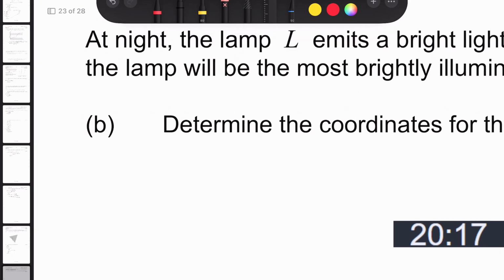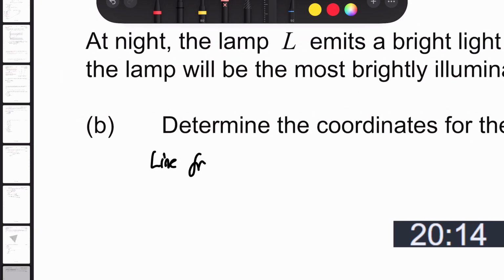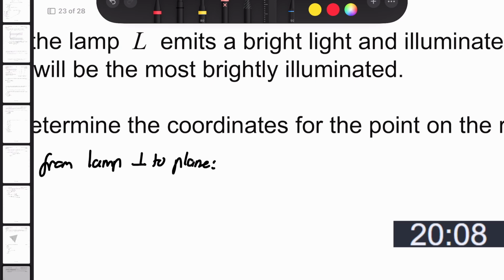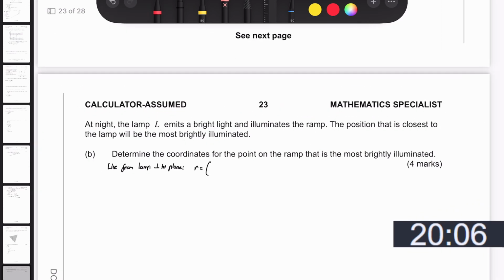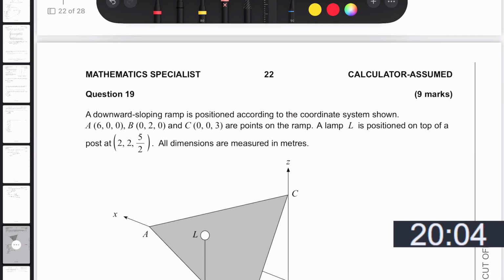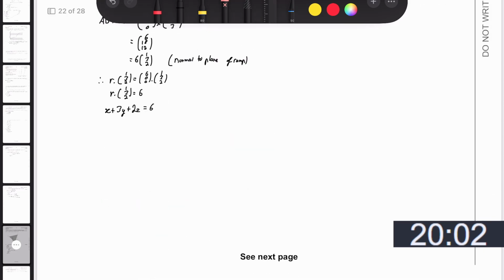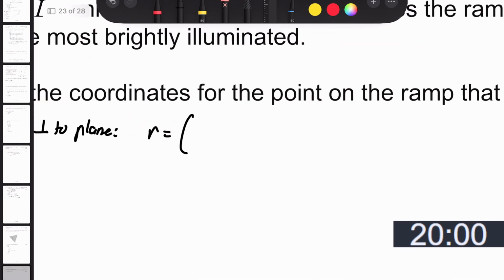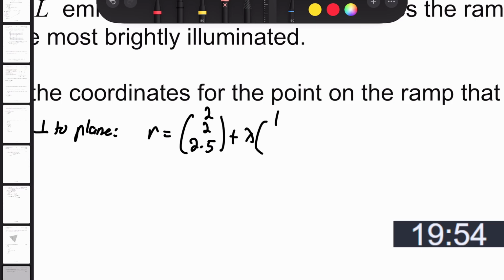Let's say the line from the lamp perpendicular to the plane, and we'll have this as r is going to be equal to the point (2, 2, 2.5), and we'll say plus lambda of (1, 3, 2).